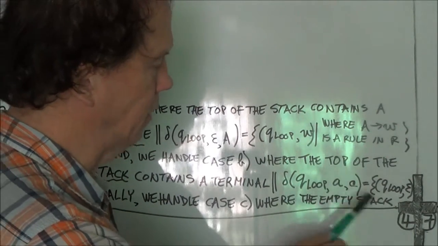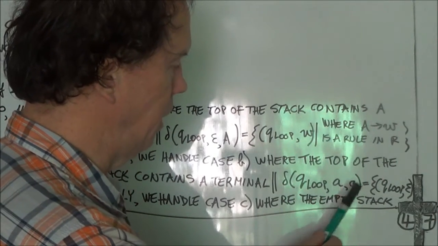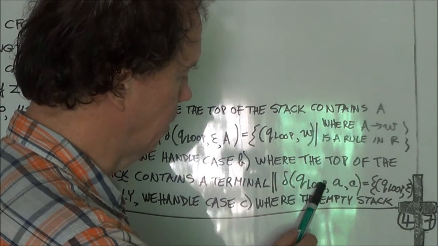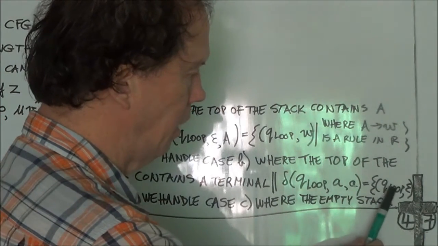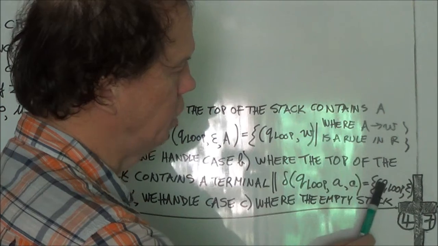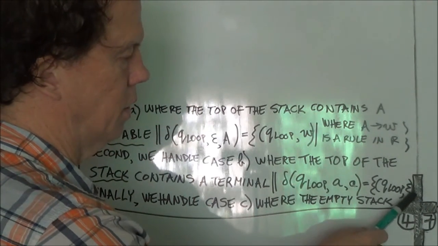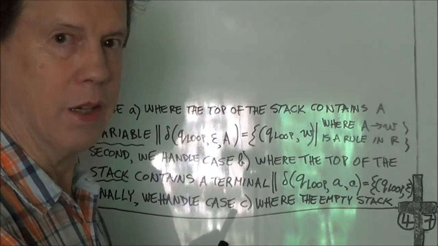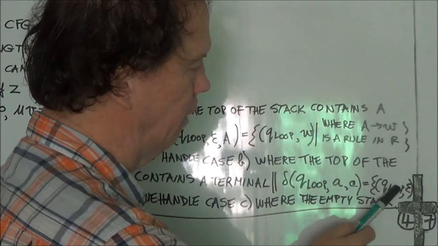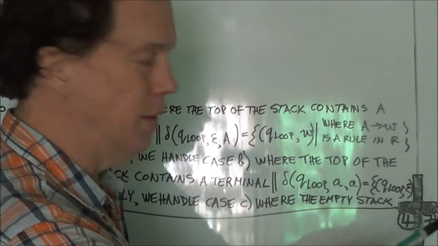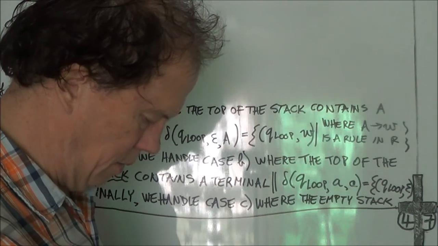In fact, you don't bother reading the string anymore because it'll be empty. So you have an epsilon here. That's still Q loop. That'll be $ sign. And here you'll now change your state. It'll go to Q accept and epsilon, because you're not going to push anything onto the stack. So you just ignore the stack. This will be Q loop for the state in the third case. This will become Q accept.